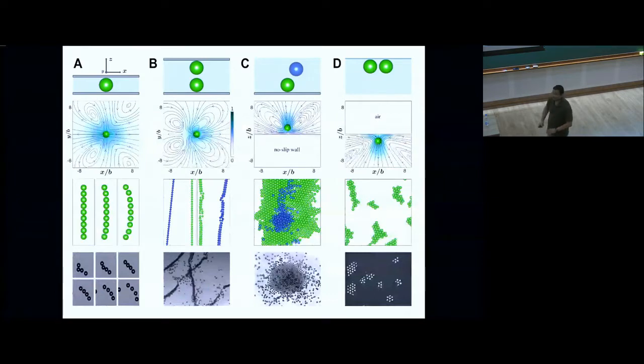But then this structure can escape into this bulk fluid because of this flow. And so the structures that are generated are these sort of vortex stabilized crystals at these walls.